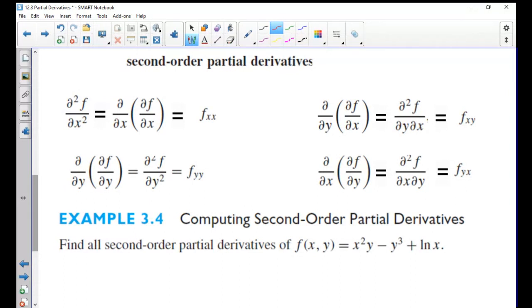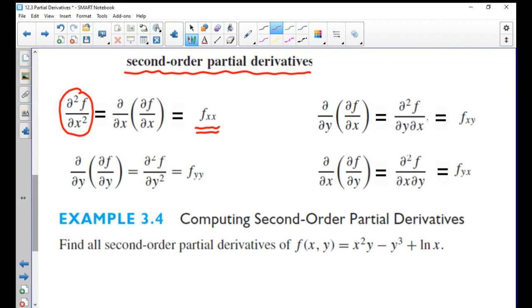Now, we talked about derivative with respect to x, derivative with respect to y. These are the first derivatives, but of course you can differentiate again these derivatives to get second order partial derivatives. So this means the function f differentiated with respect to x how many times? 2 times.